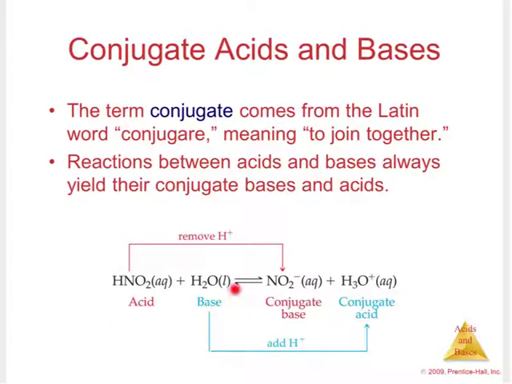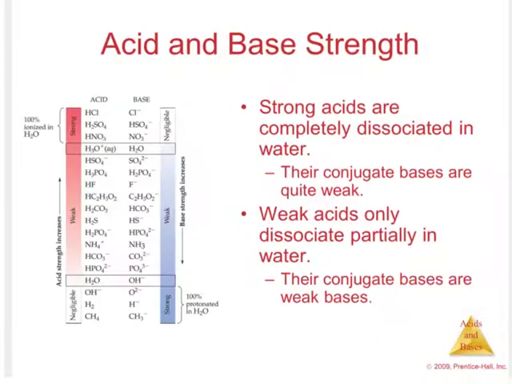In this reaction, water is acting as the base because it's accepting the hydrogen ion, forming hydronium ions. And so because it's a base as a reactant, accepting hydrogen ions, the new species that's formed, the hydronium ion, would be its conjugate acid.